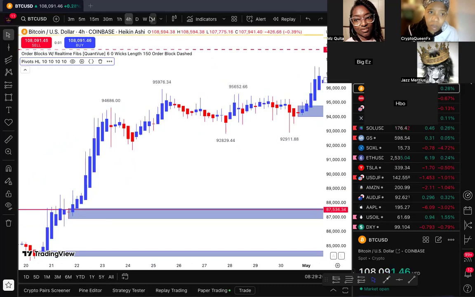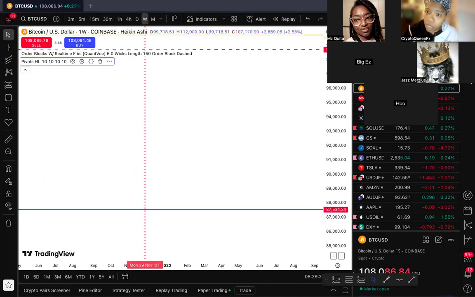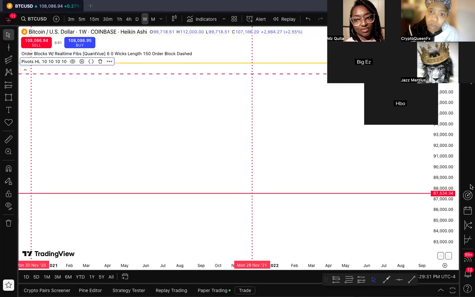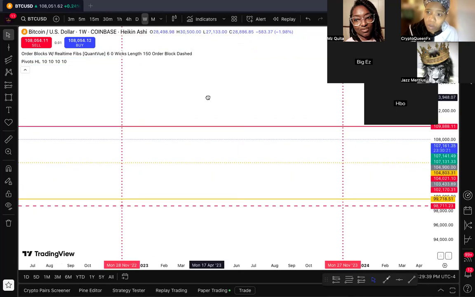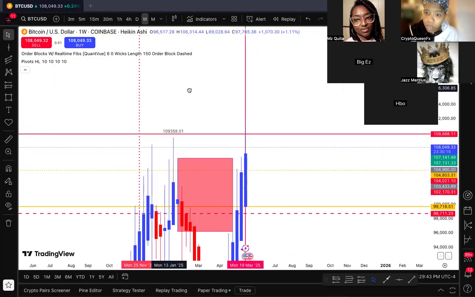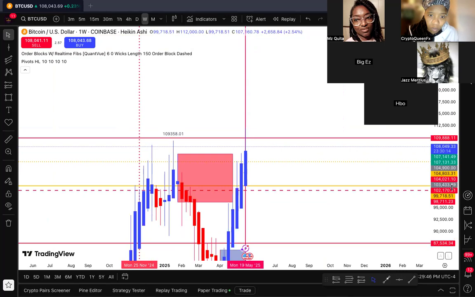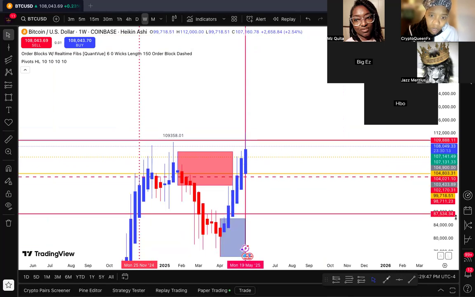Now, Bitcoin did come into a weekly sell order block. Where's my chart, yo? We're inside of a weekly sell order block for Bitcoin that it just bought past.